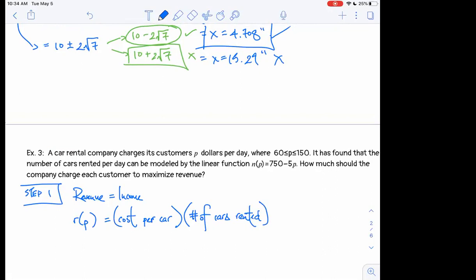If I charge $100 per car and I rent one car, I make $100, or I have income of $100. If I rent a car for $100 and I rent 10 cars, I'm going to make $1,000. So in order to find my income, I'm going to take the cost of each item and multiply it by the number of items that I sell or that I rent.